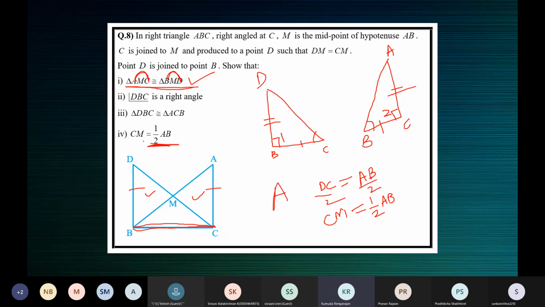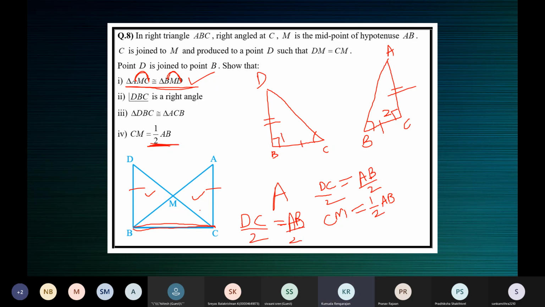So to prove the last one, CM is equal to half AB, write DC is equal to AB, hypotenuses equal in the congruent triangles. Then divide both the sides by 2. DC by 2 is equal to AB by 2.